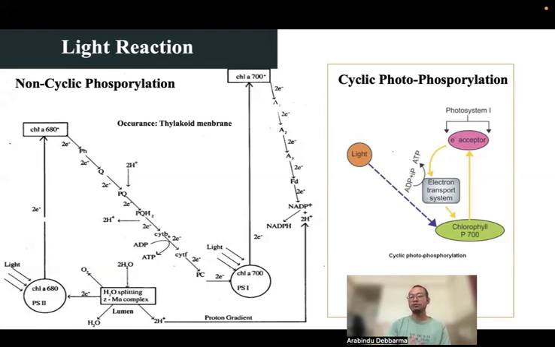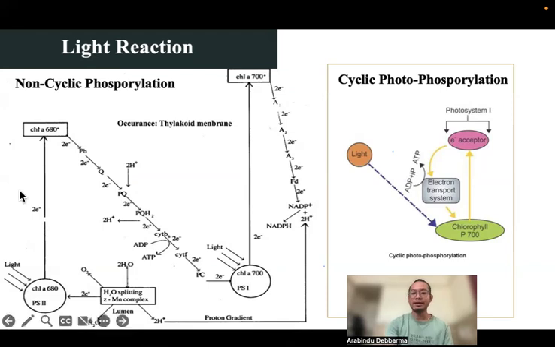When electrons reach photosystem 1, they lose their energy, and to regain their energy again, photosystem 1 receives sunlight at 700 nanometer. During this process the electrons are excited again and move further through different carriers, and finally the electrons are accepted by NADP plus two protons and form NADPH.